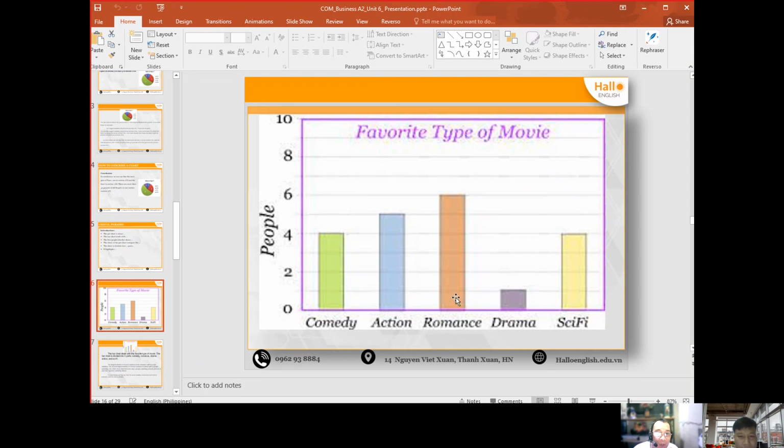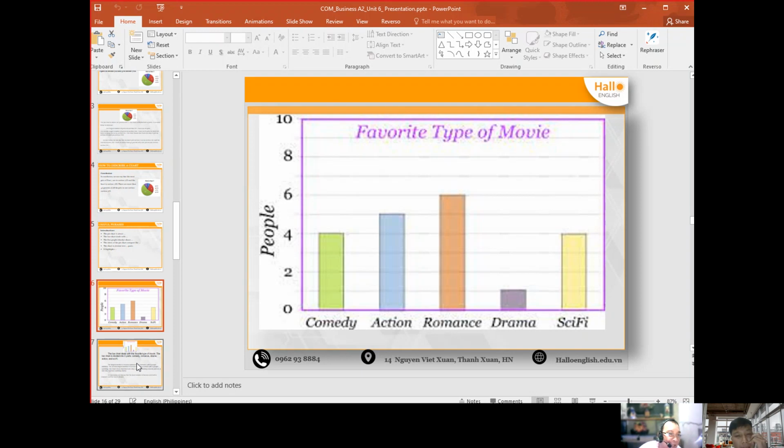And take note that in this bar chart, the highest number of people are watching romance. That means a lot of people are romantic, they are into watching romantic movies.